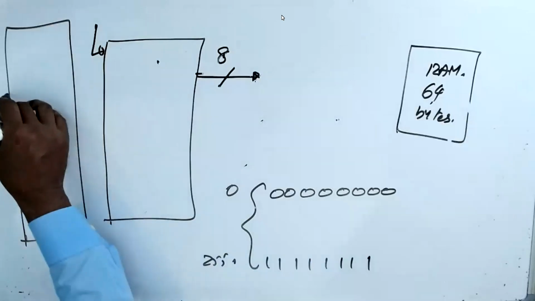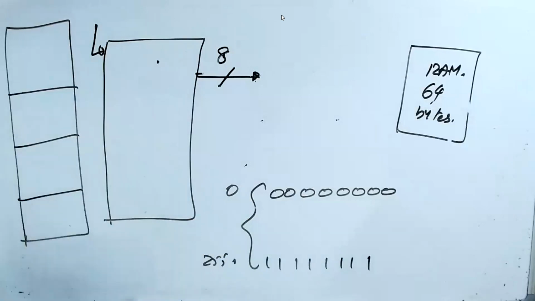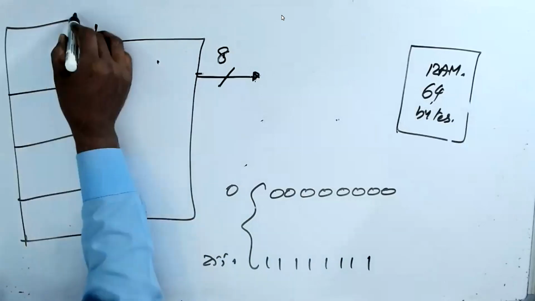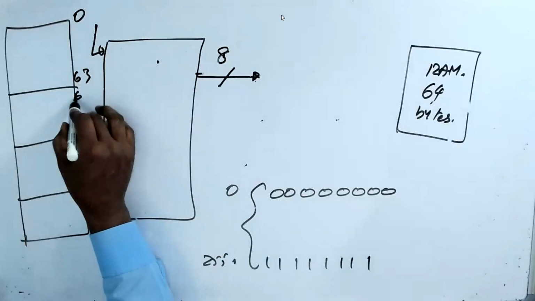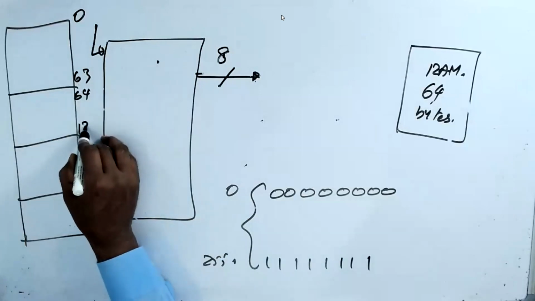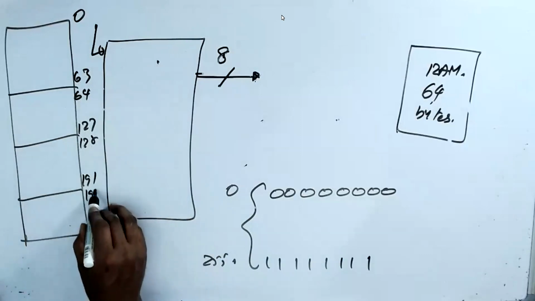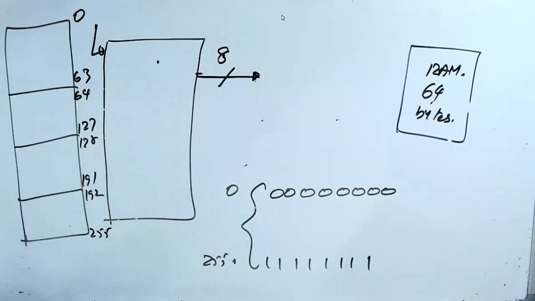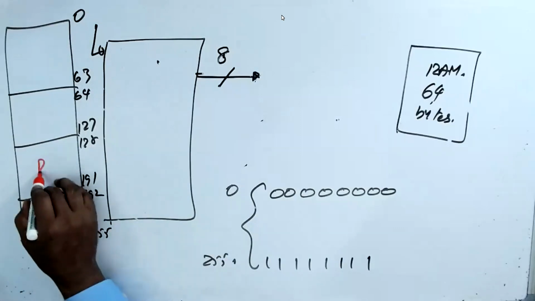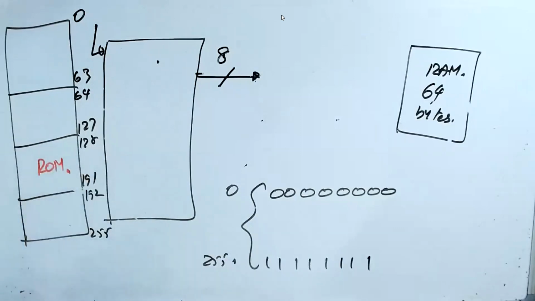I can divide it into 4 groups. This is 0 to 63, this is 64 to 127, 128 to 191, and 192 to 255. Suppose I want to place a ROM here. How do you connect?